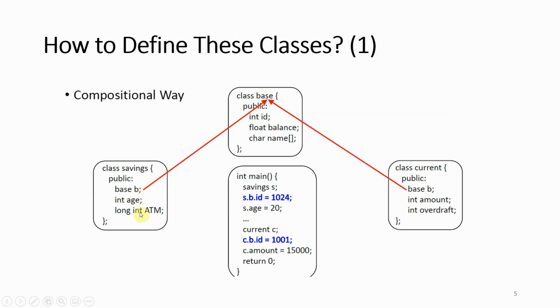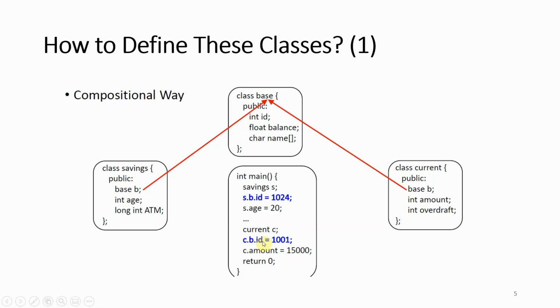In that case, any object of class savings would have a member variable of class base, which itself would have ID, balance, and name. In addition to that, it would have age and ATM number. The same thing for class current or checking: any object would have a member variable of type base, which itself has ID, balance, and name member variables.